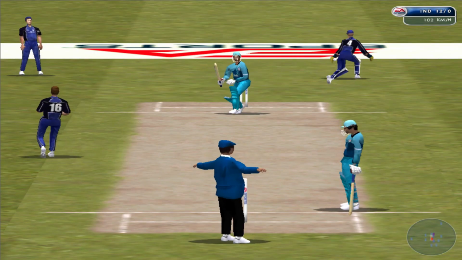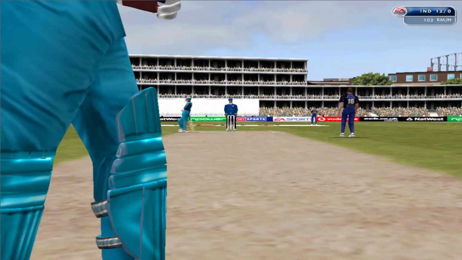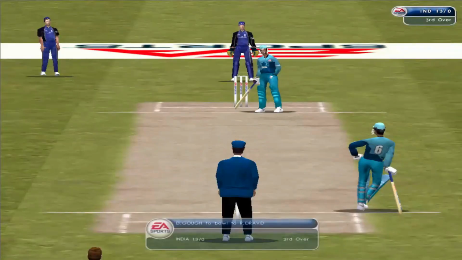Super wicket keeping. They have 18 overs to get 132. Goff to Dravid.